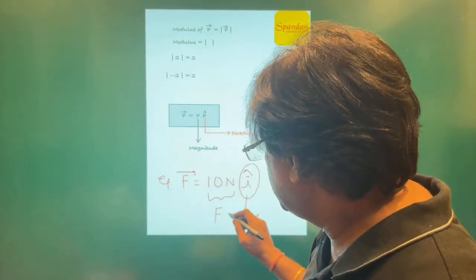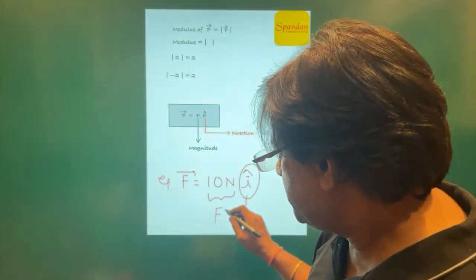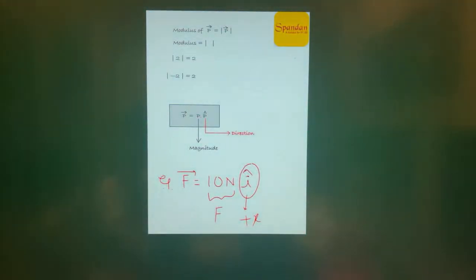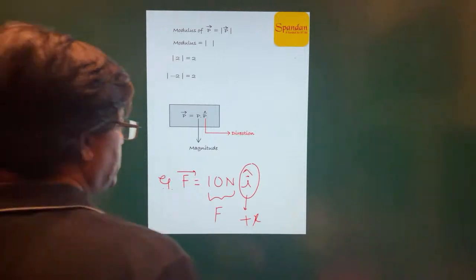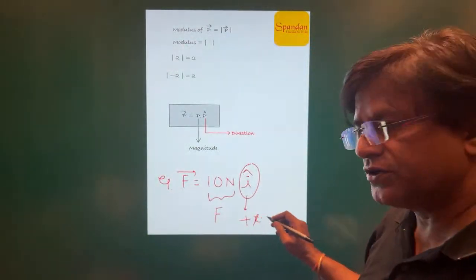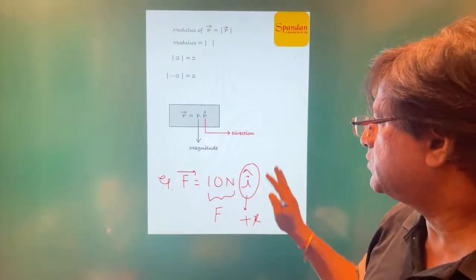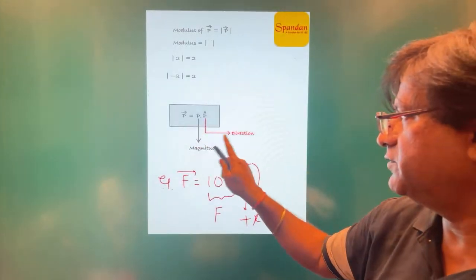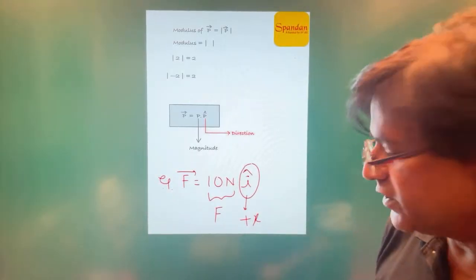For example, if we are representing force, that force will be written as 10 Newton I cap. So this 10 Newton is the magnitude of that force, and I cap is the direction. I cap is the direction of positive x direction. So this I cap is called a unit vector, which represents direction. So a vector will always have two parts, magnitude as well as direction.